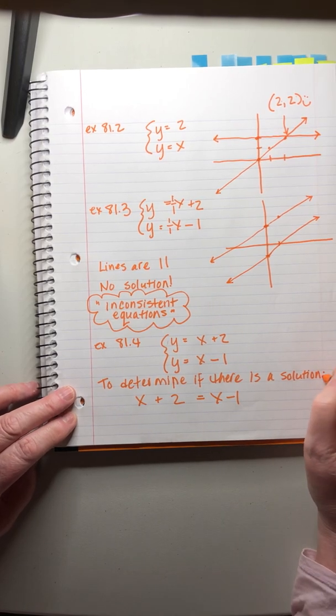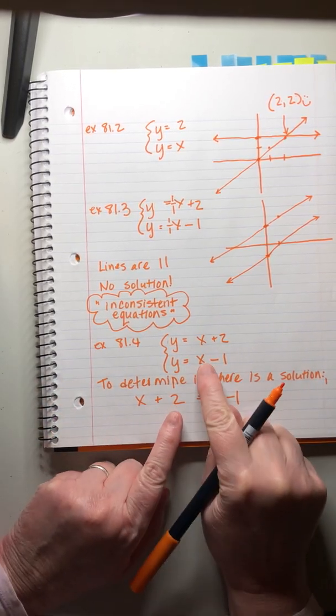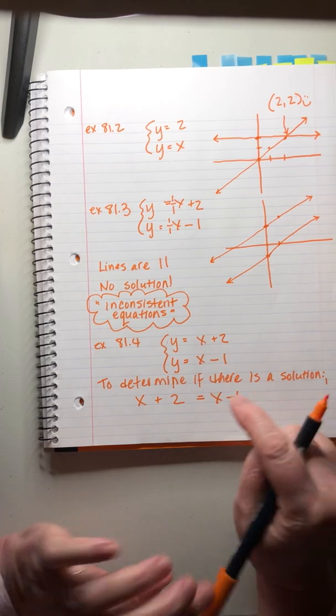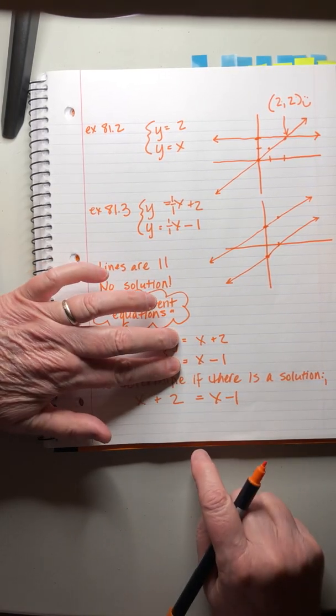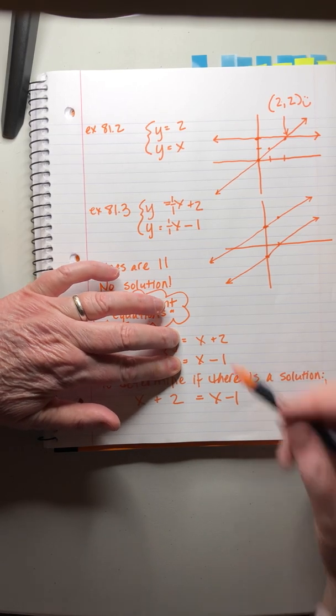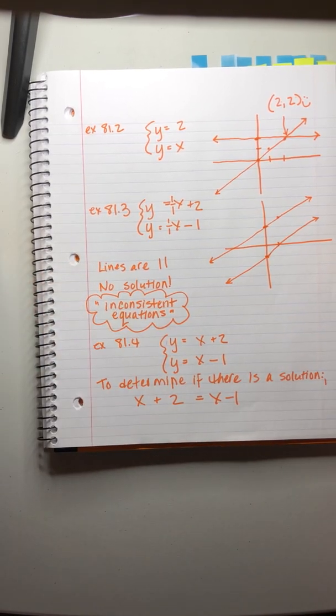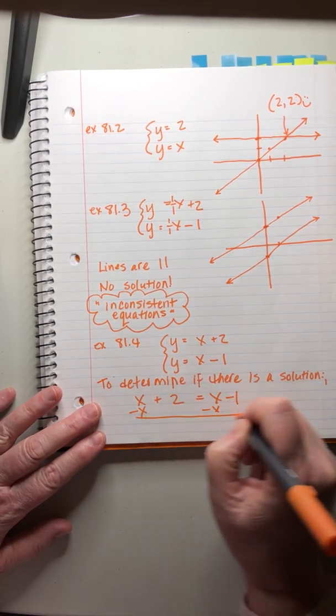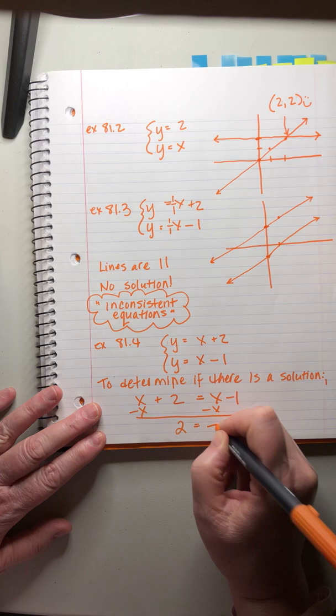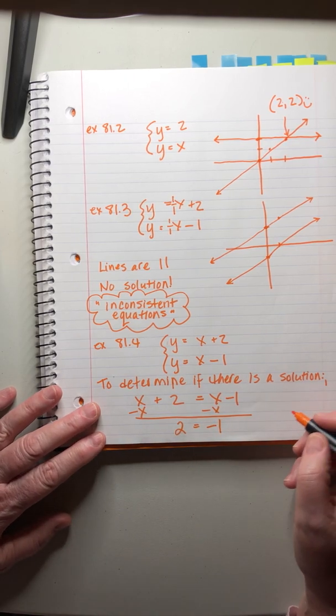So we're going to try and solve this system by a special kind of substitution in which we recognize, if these are both y, and these are supposed to be equal to each other, then that should be equal to that. But we can quickly see, oh look, if we subtract x from both sides, we get 2 equals minus 1. Wah, wah, no.